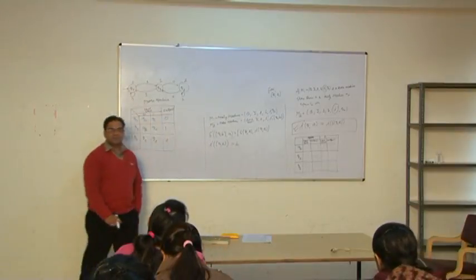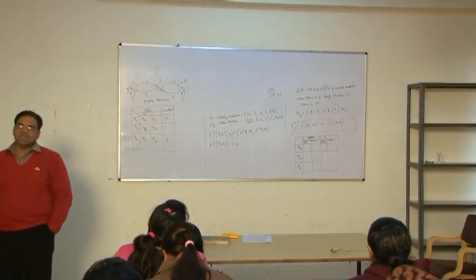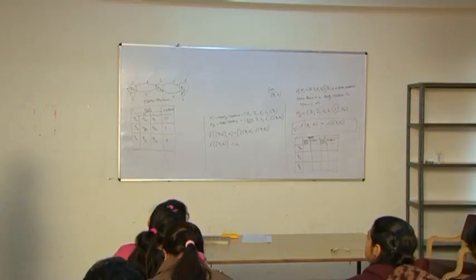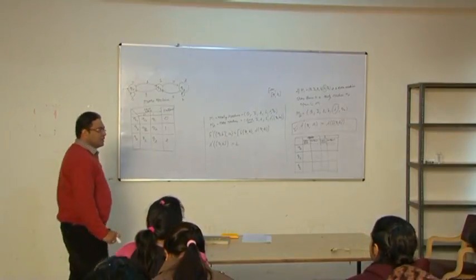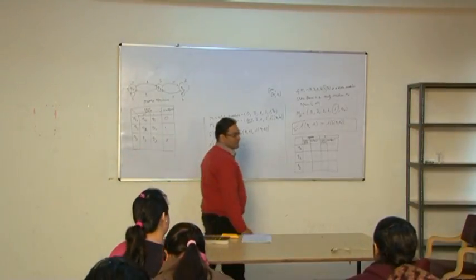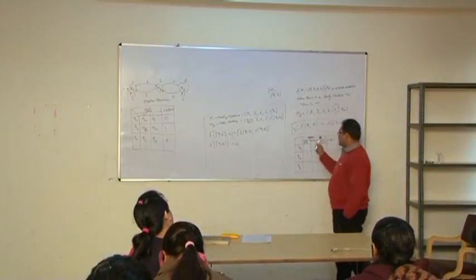Is this table right? Because in the case of Mealy, the output is associated with the current state along with the input symbol. That's why two columns are there corresponding to each input symbol.